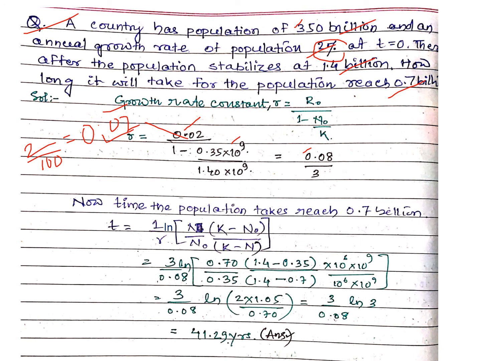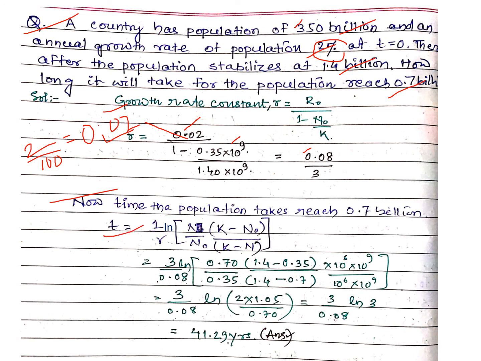Again, there is a new formula that is used for the human population growth model. You will use this formula to calculate the accurate time when the population reaches 0.7 billion.